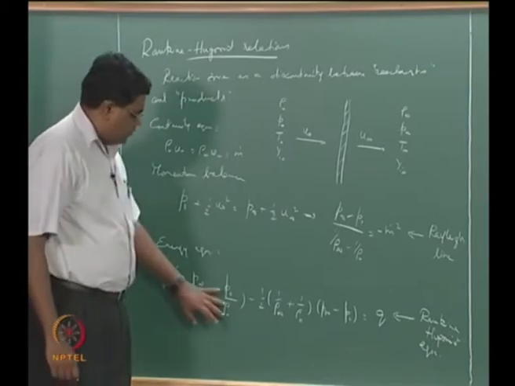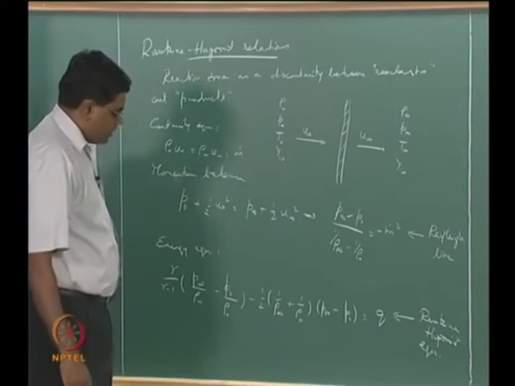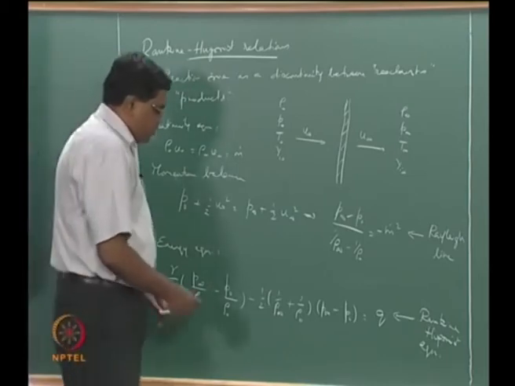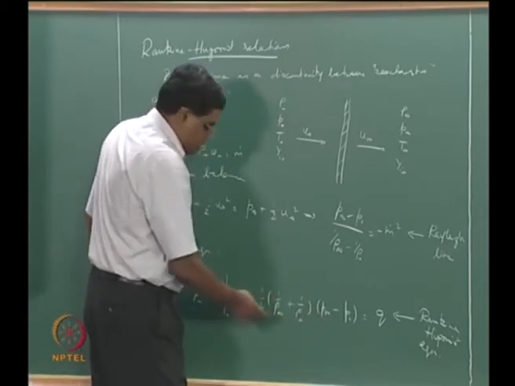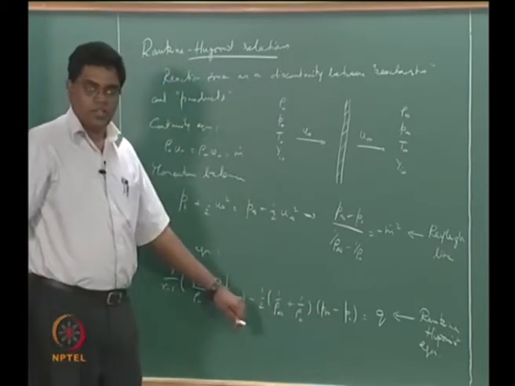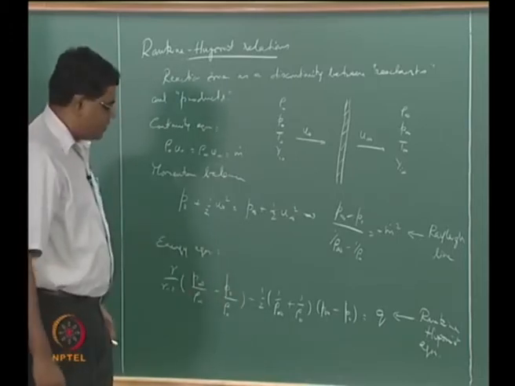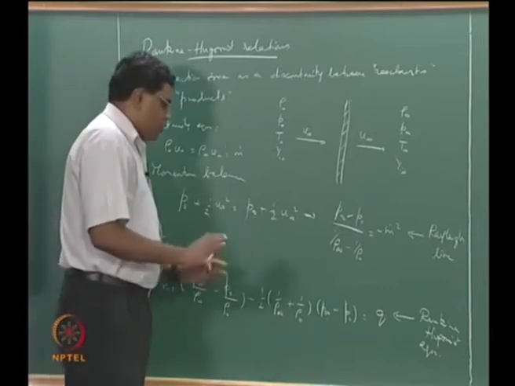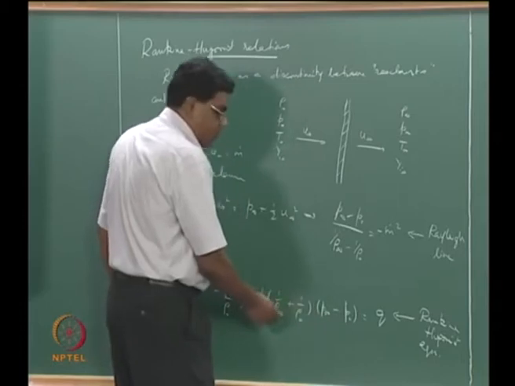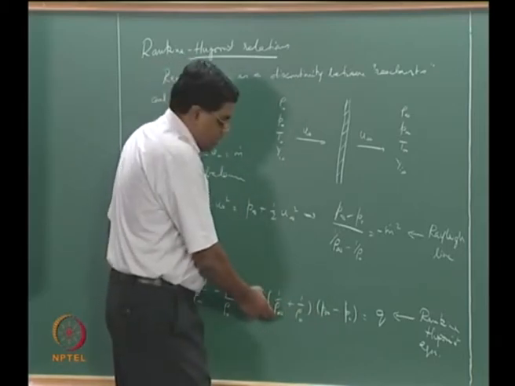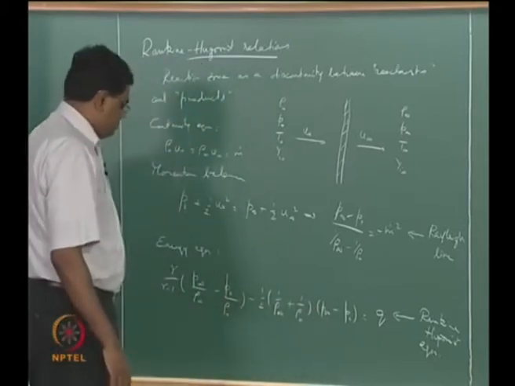And of course P naught over rho naught is a parameter that represents the initial state, and again you have a P infinity times 1 over rho infinity term coming up over here with a different coefficient, therefore it's not going to cancel. Typically you will always look for things getting cancelled, but that's not going to happen here. And of course you now have a mixture of terms like P infinity over rho naught and P naught times 1 over rho infinity, and again a P naught over rho naught term.